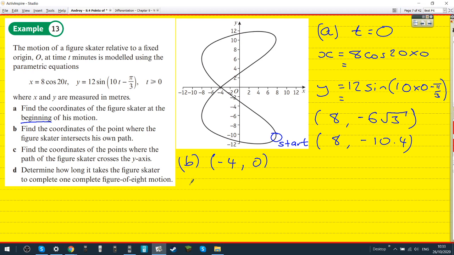Question C. So it crosses the y-axis about 3, and -3. So this one we would need to solve exactly. Okay, so we know that x will be 0. I'm not sure if that's actually useful though.